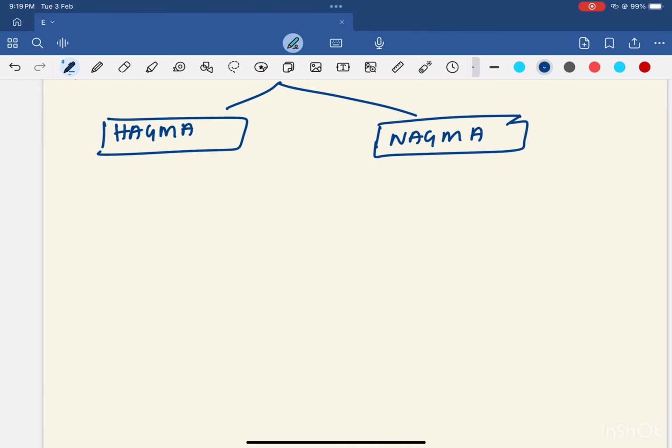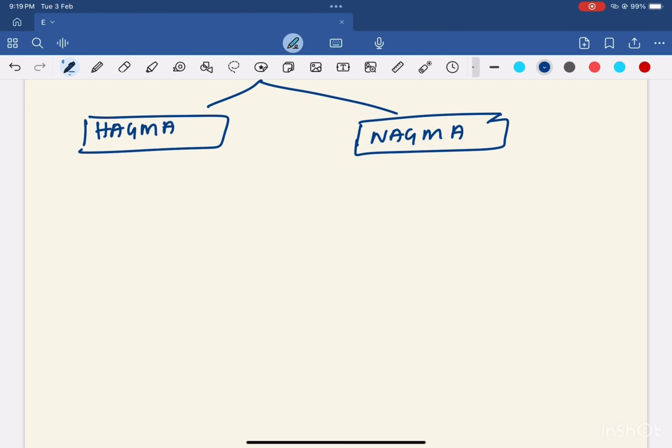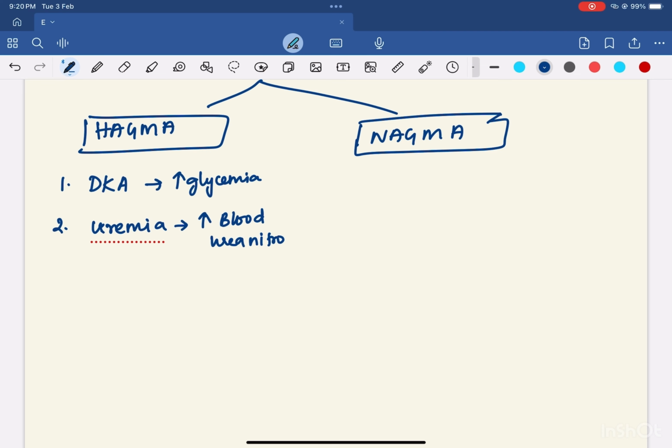In HAGMA, we can see diabetic ketoacidosis, which is due to hyperglycemia. Then we can see uremia, which is due to more blood urea nitrogen being present. Next, we can also see drug ingestions like salicylates, isoniazid, such things.